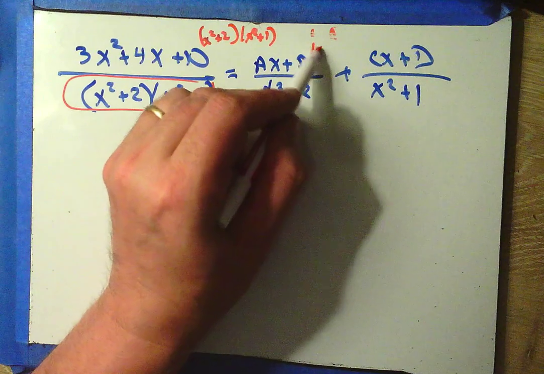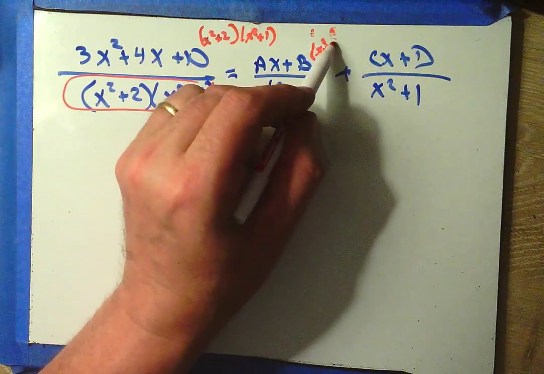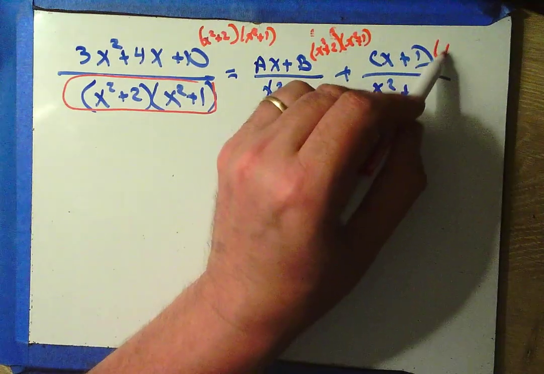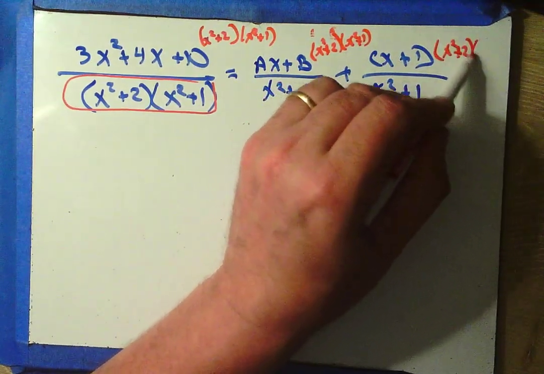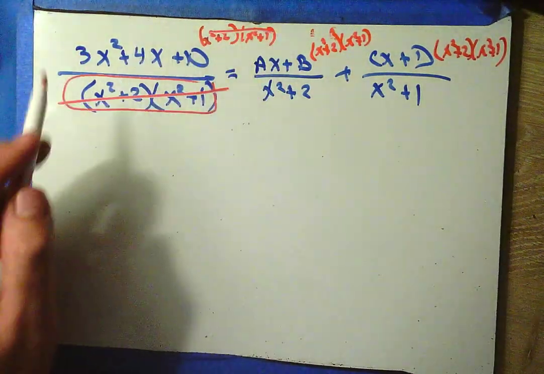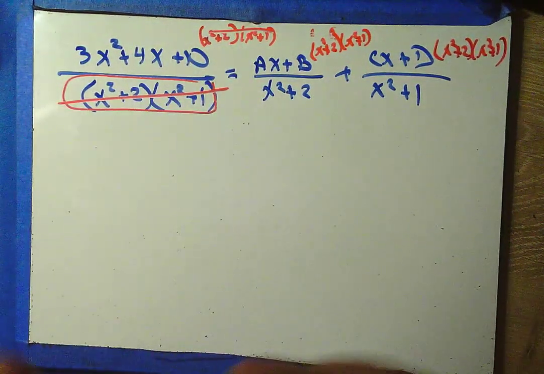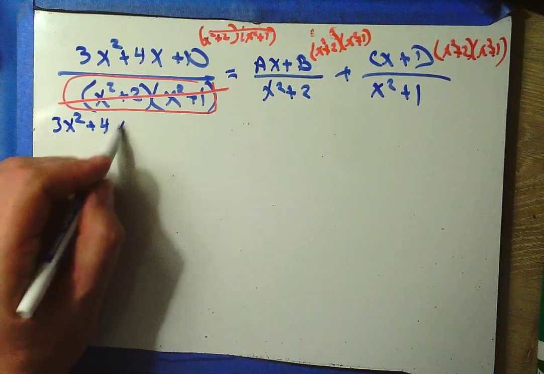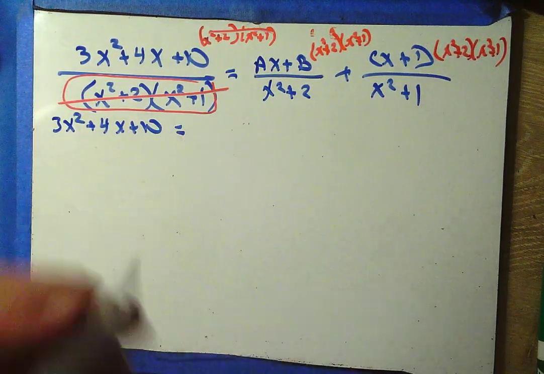I'm going to multiply everywhere by x squared plus 2, x squared plus 1. So this cancels all of that. I'm left with 3x squared plus 4x plus 10.